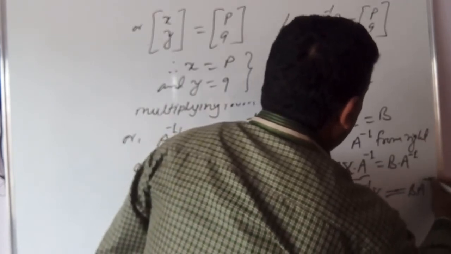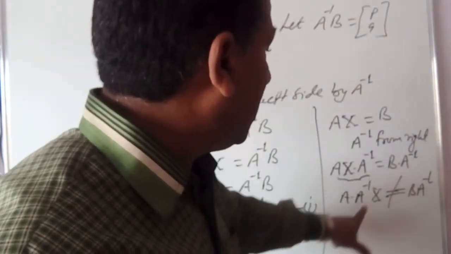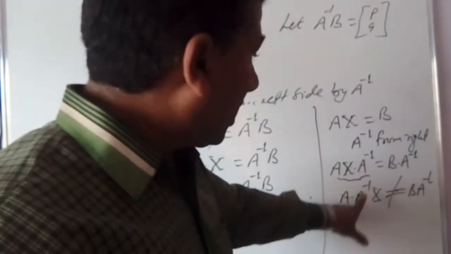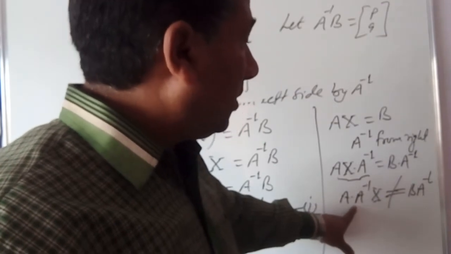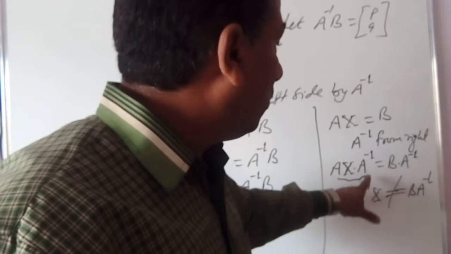We cannot bring this A inverse here, because matrix multiplication is not commutative.